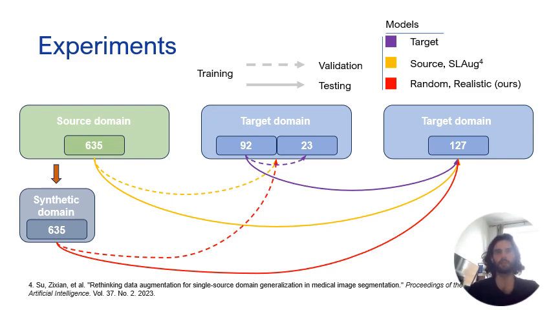And then, as a baseline in purple, we train a model directly on the target domain using a small amount of data which we use for the validation set of the other models. This is to provide a pseudo upper bound for the performance that we can expect to achieve.